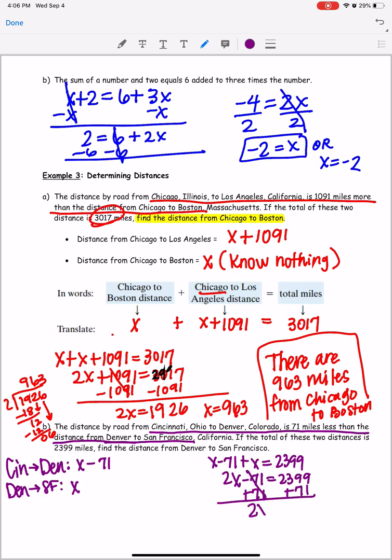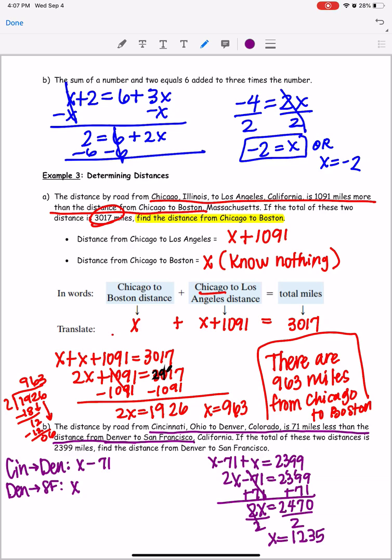I've got 2x equals, that's 10, carry your 1, that's 17, carry your 1, 4, 2. Divide by 2. And we get x to be, 2 goes into 24, 12 times. 2 goes into 70, 35 times. So we solve for x.